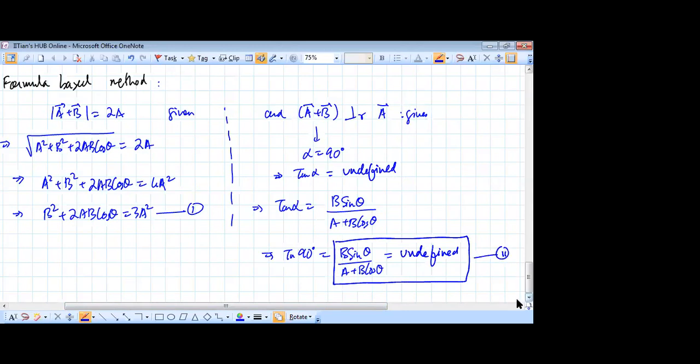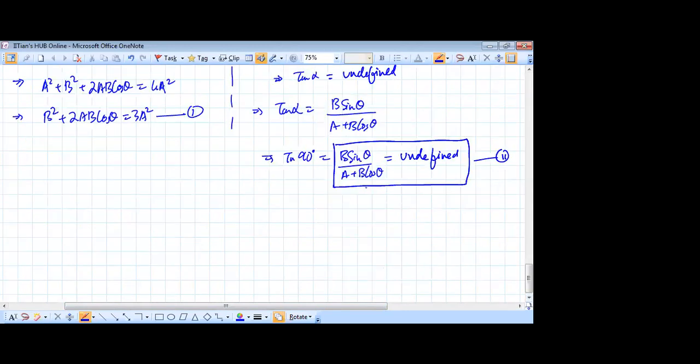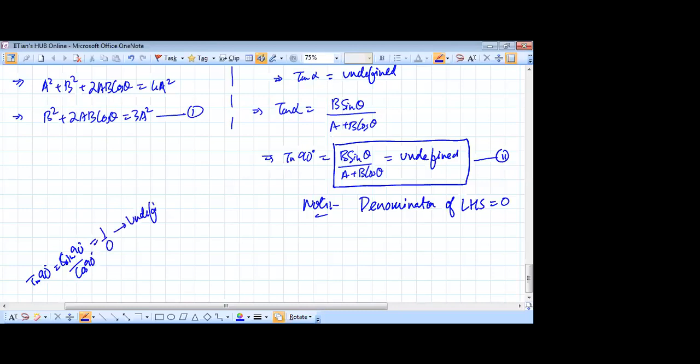Now, what this indicates is that because it's undefined, the denominator of the left hand side should be equal to 0. Only that way it can be an undefined quantity. Or you can understand it this way, that tan 90 degrees is sine 90 divided by cos 90. So it is 1 by 0, and that is why it is undefined, because the denominator is 0. That's the concept to understand over here. So the denominator on the left hand side has to be 0.